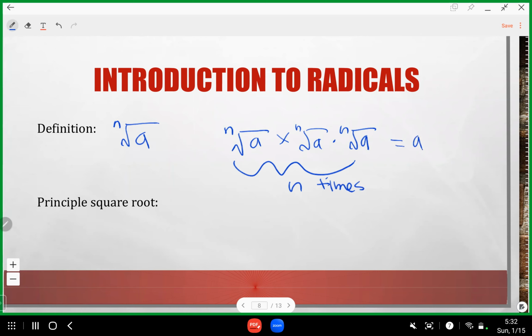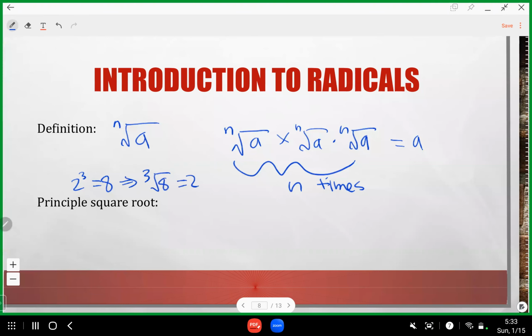I'm just going to let you think about this definition for a bit. The nth root of a multiplied by itself n times should be equal to a. For example, 2 cubed is equal to 8, so therefore the cube root of 8 is equal to 2.